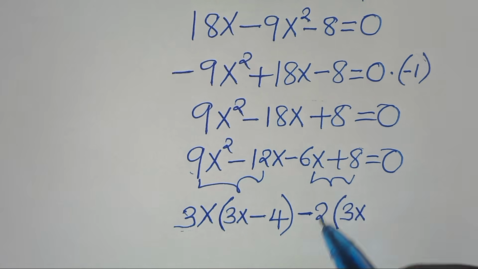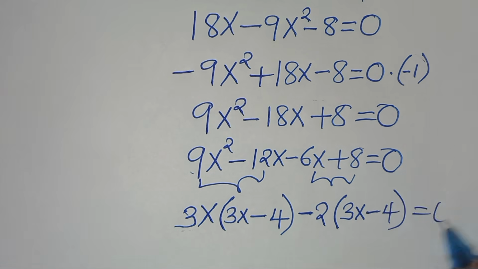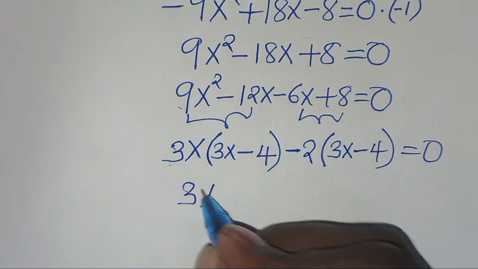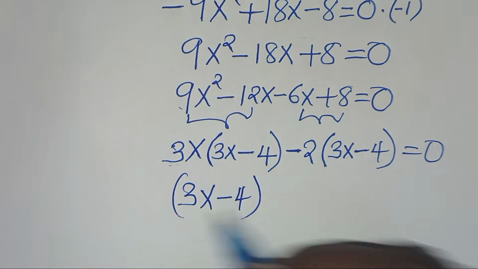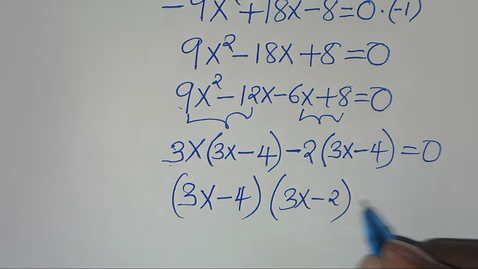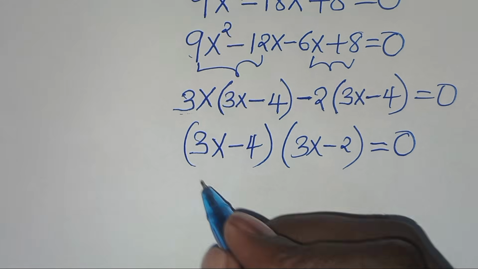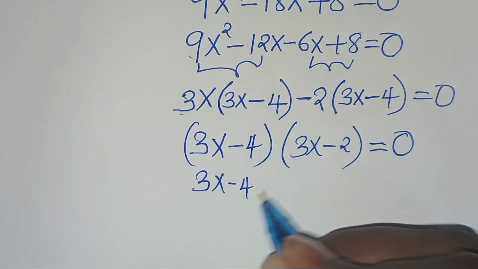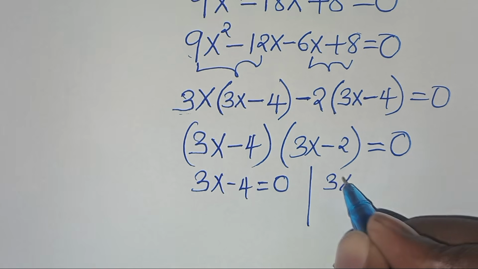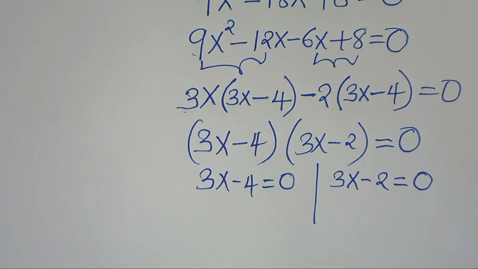Then 8 divided by minus 2, this is minus 4. And this is equal to 0. 3x minus 4 is common, so let's factor out 3x minus 4, multiplying by 3x, subtract 2, this is equal to 0. So this is 3x minus 4, this is equal to 0. Then we have 3x minus 2, this is equal to 0.